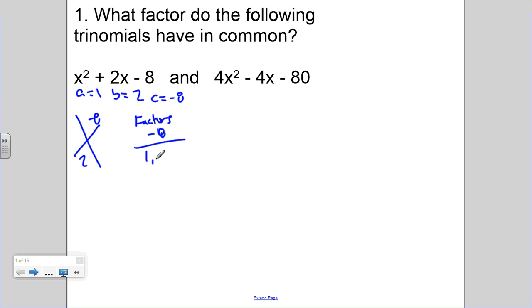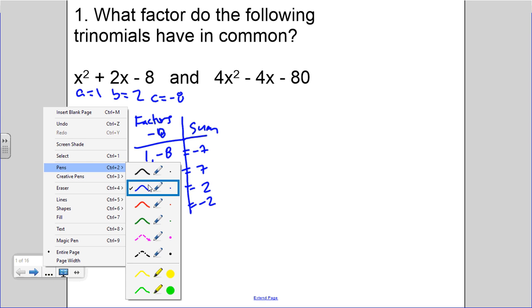You could use a +1 and -8, -1 and +8, a -2 and a +4, +2 and a -4. The sums would be -7, +7, 2, and -2.